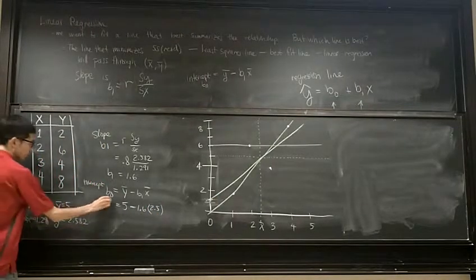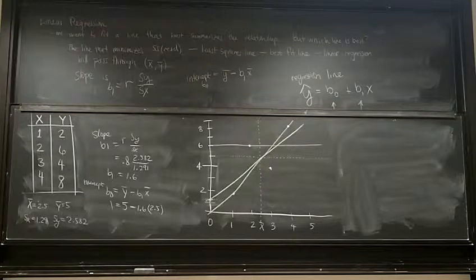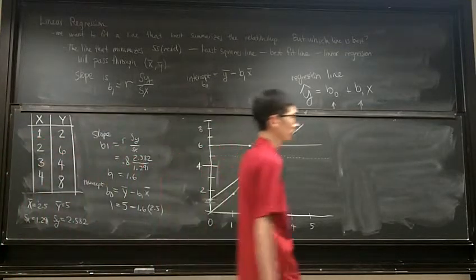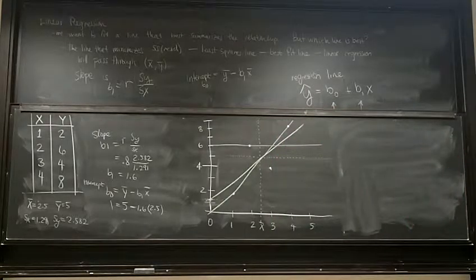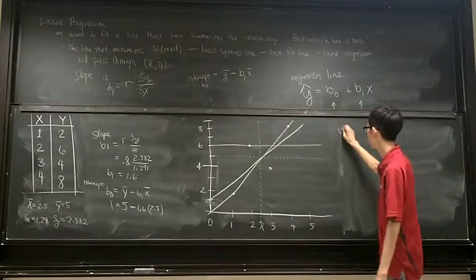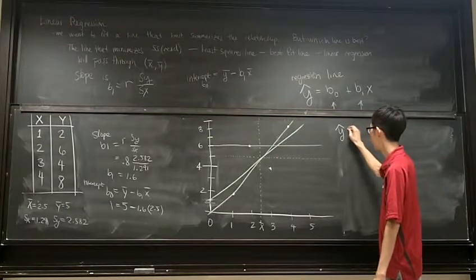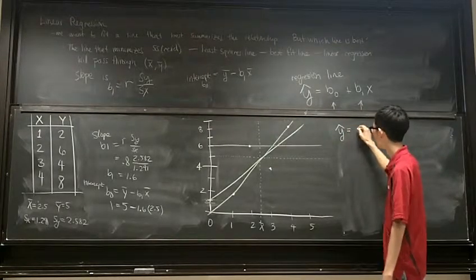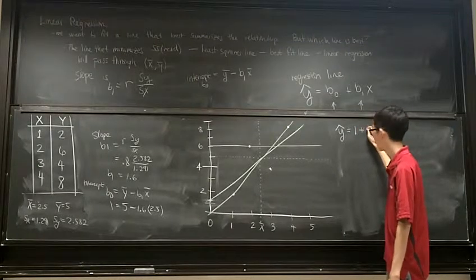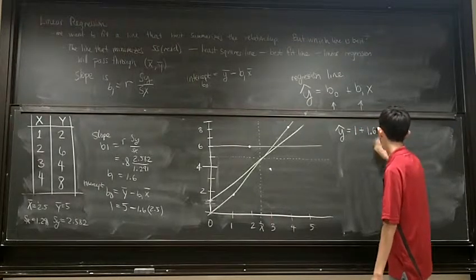And I get b0 equal to 1. So my overall line, the least squares line, is y hat equal to 1 plus 1.6x.